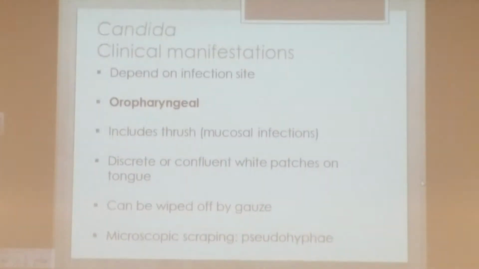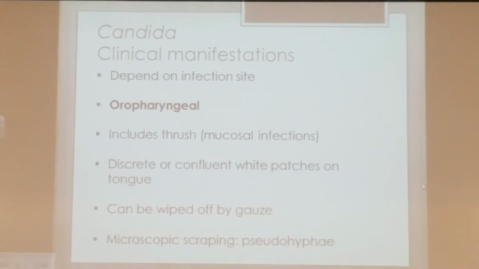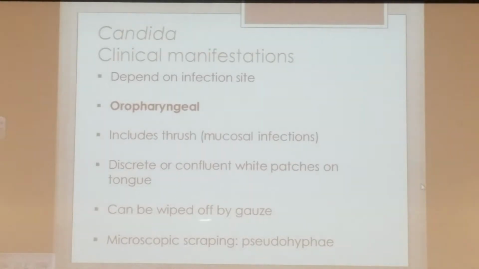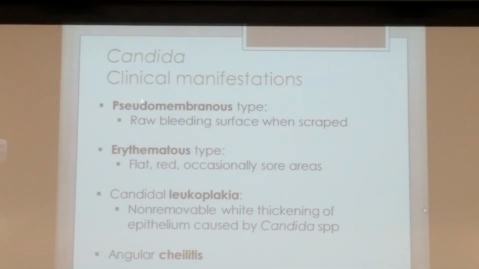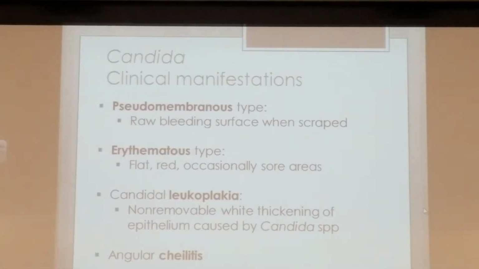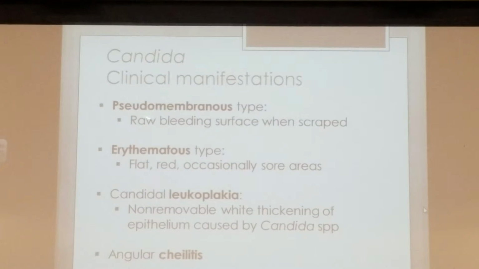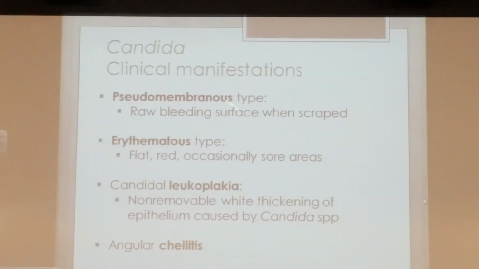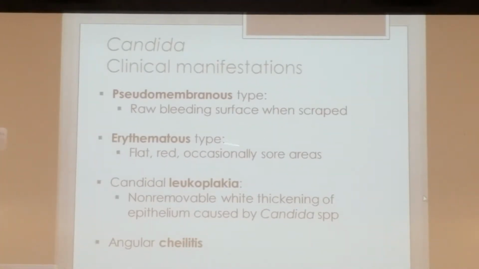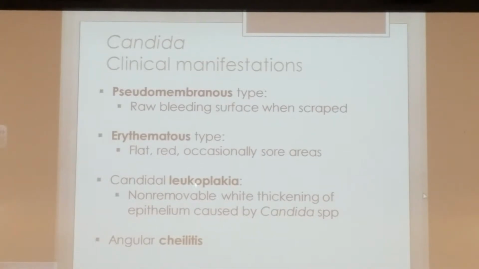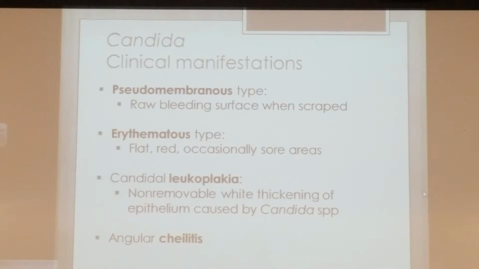So there's different types of Candida that can appear in the cavity, so it isn't just one morphology. So you can go from these white patches that can be wiped off with pseudohyphae, to pseudomembranous, where it's actually got attached more to the actual surface so that when you scrape it you're going to get bleeding. You've got this erythematous, where basically it's just flat and red, or you've got this leukoplakia that we talked about that can be mistaken for squamous cell carcinoma, where you've got the thickening of the epithelium.